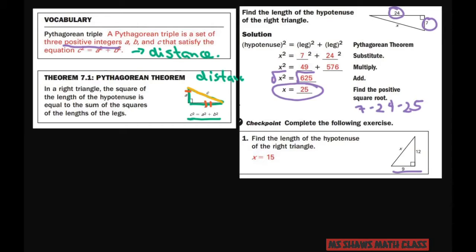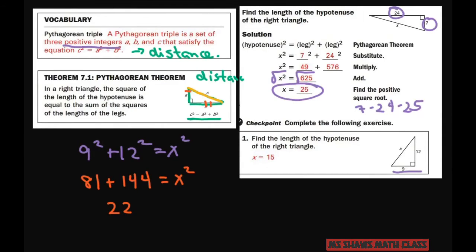Now, let's say, find the length of the hypotenuse if you have this. So you have 9 squared plus 12 squared equals x squared. That gives you 81 plus 144 equals x squared, which gives you 225 equals x squared. Take the positive square root, not the negative, and that gives you 15 equals x.